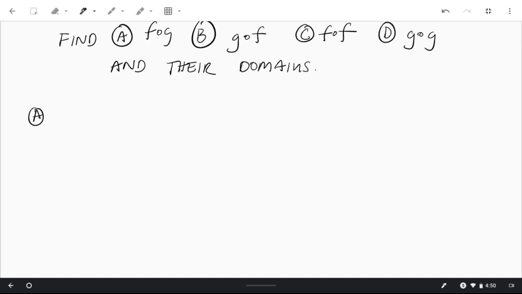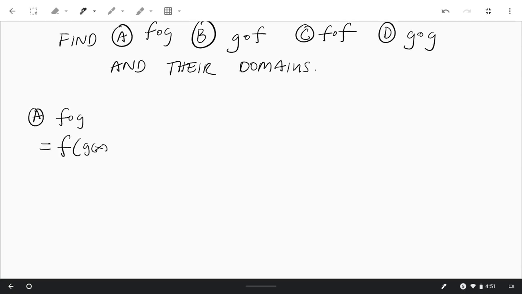Okay, so this means that we are going to be evaluating the f function by plugging in the g function. So what is the g function? Well, the g function is 4x minus 1.